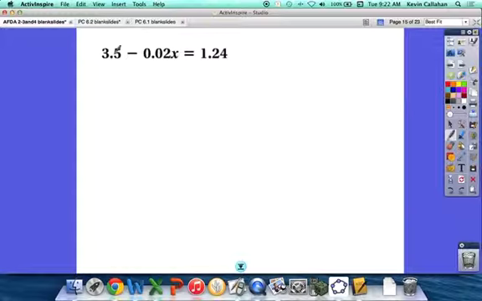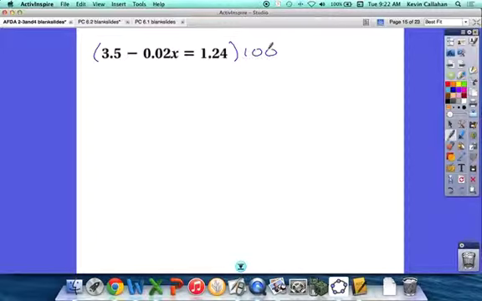So what we need to do in this one, we need to move the decimal place over twice. What could I multiply by that will move the decimal place over twice? By 100. So it's kind of like clearing fractions. We're going to multiply by 100. And that'll move the decimal place over twice.